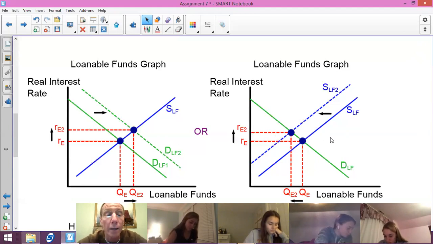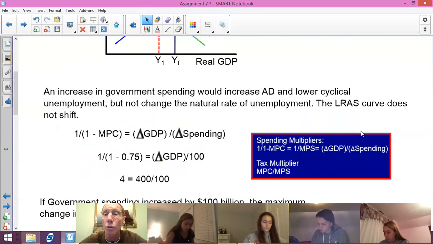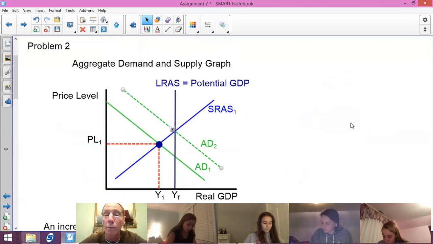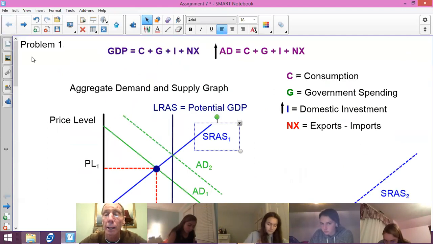But either way, the real interest rate is going to go up. That's what's going to happen. We know that no matter what, okay? Because if we shifted this more, if we did two shifts on the same graph, I could find that guy. Let me just show you real quick. Jump back and go. This guy right here.